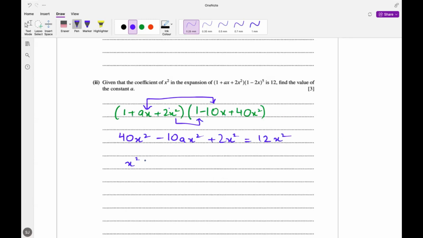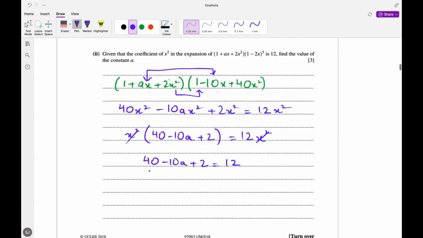Now taking x squared common, we'll get 42 − 10a = 12, so a is equal to 3.